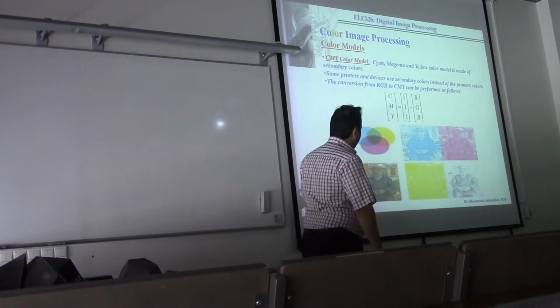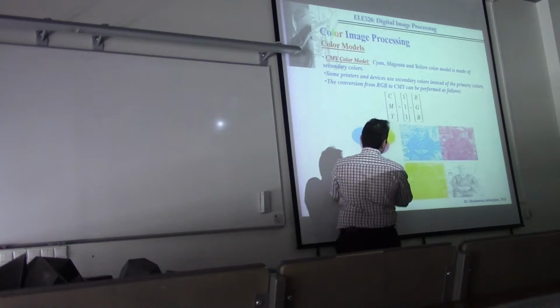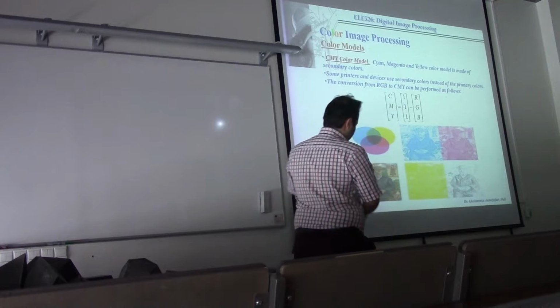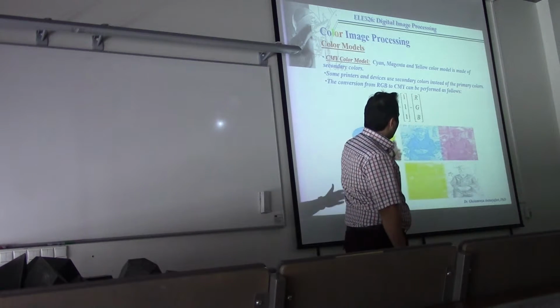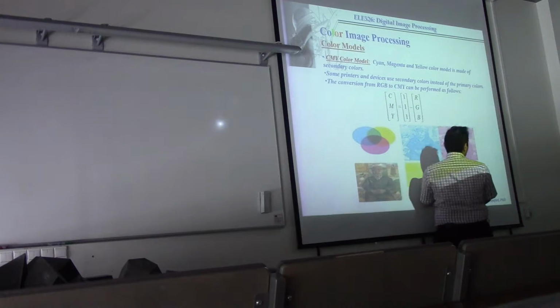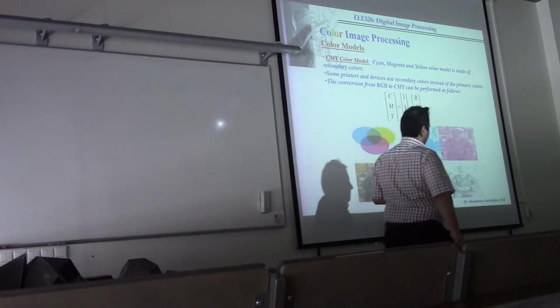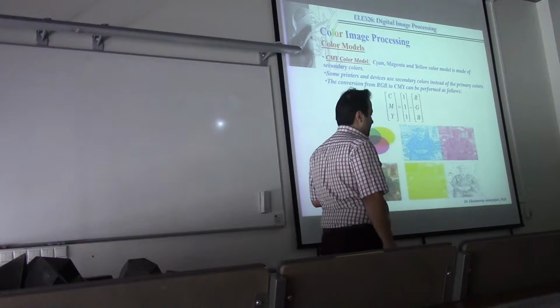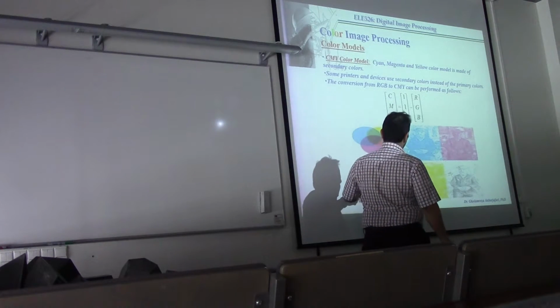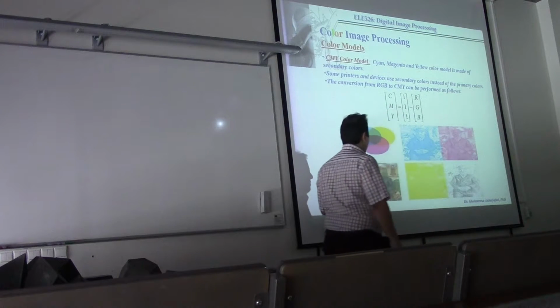And also you can see that, for example, for this color we have the cyan, magenta and yellow, similar to the RGB, and also we can show the grayscale image of this model.